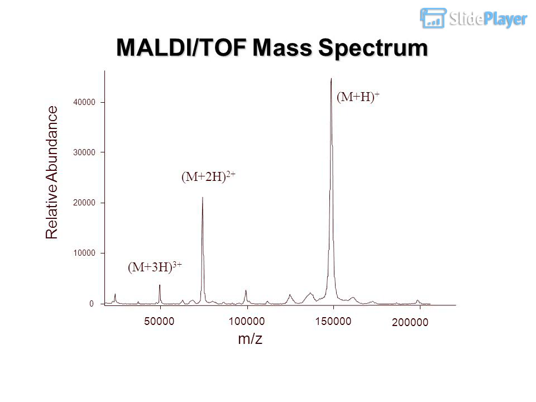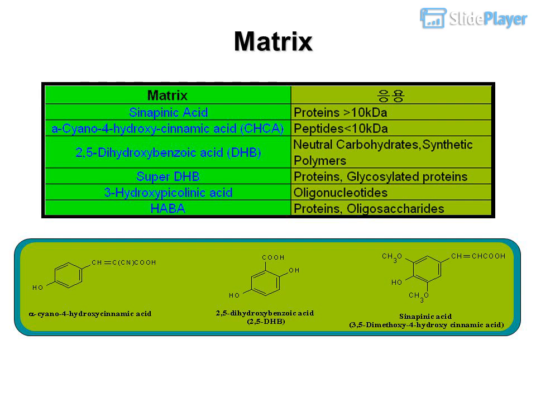Relative abundance, with m/z ranging from 10,000 up to 200,000. Matrix absorbs at 233 nanometers. N2 laser. Sample.